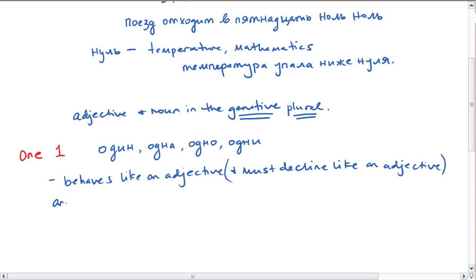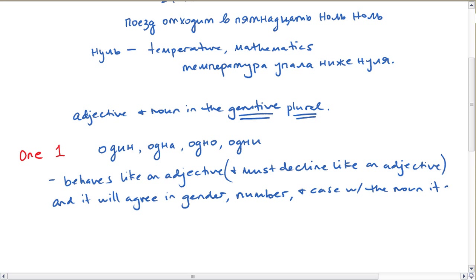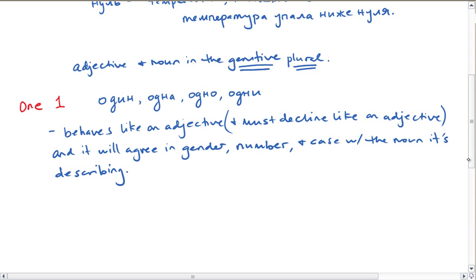And it will agree in gender, number, meaning whether it's plural or singular, and case with the noun it's describing. So just like an adjective, right? Adjectives describe nouns or modify nouns. So let's look at some examples.